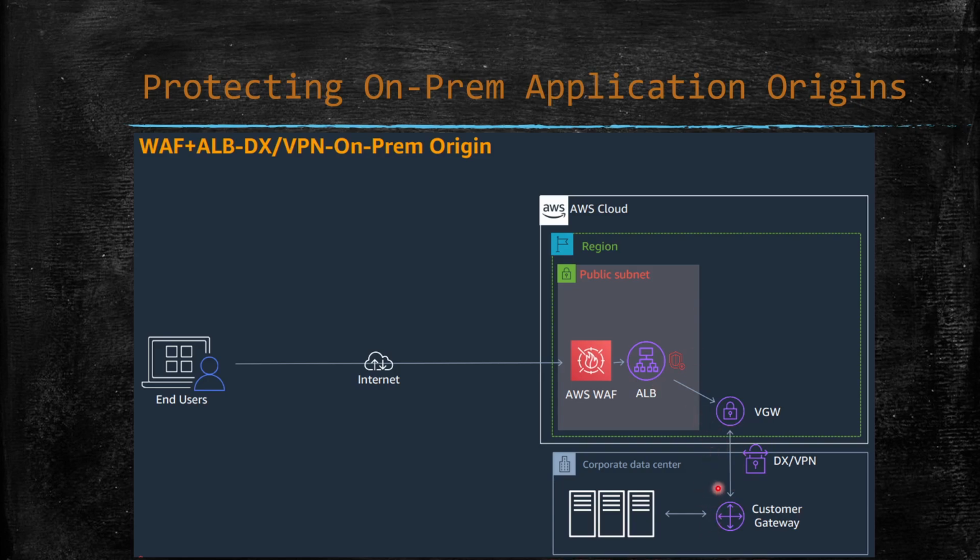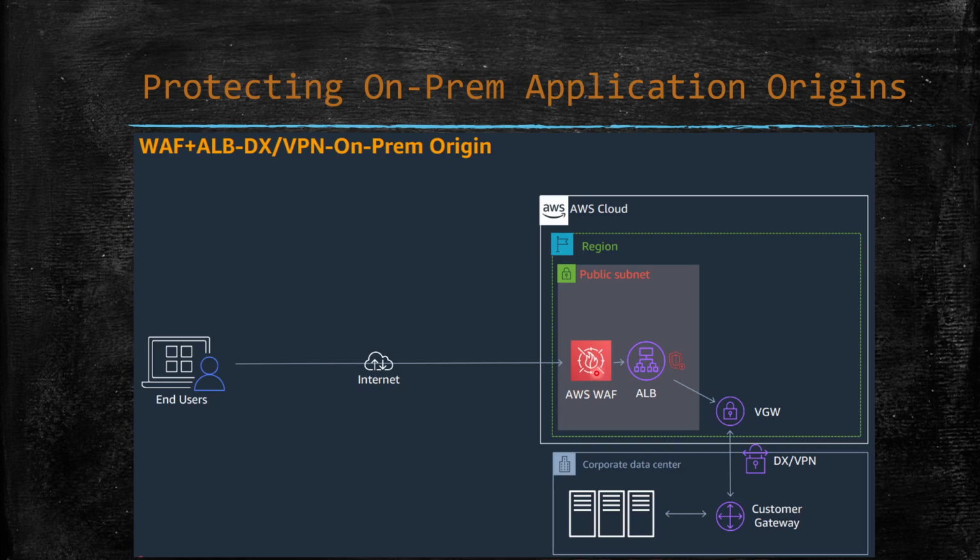From the AWS cloud, we can provision the VPCs, and under the VPC we can host the public subnet where you can provision the load balancer, and this load balancer will have the capability to talk to your on-prem applications using Direct Connect or site-to-site VPN. Eventually the publishing is happening through the AWS cloud, and to protect the published application we use the AWS WAF, that is a regional WAF.